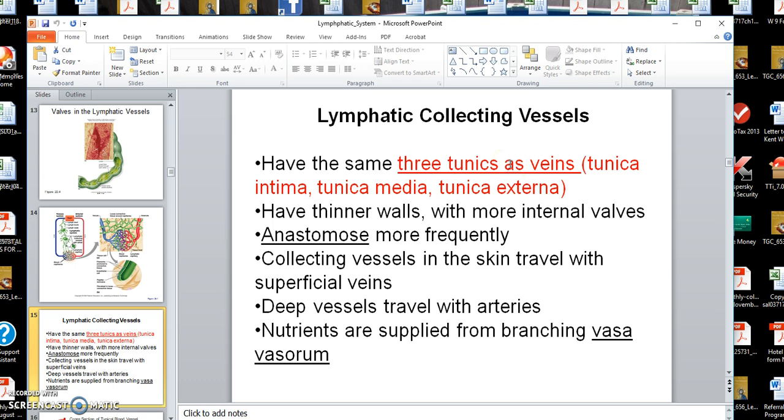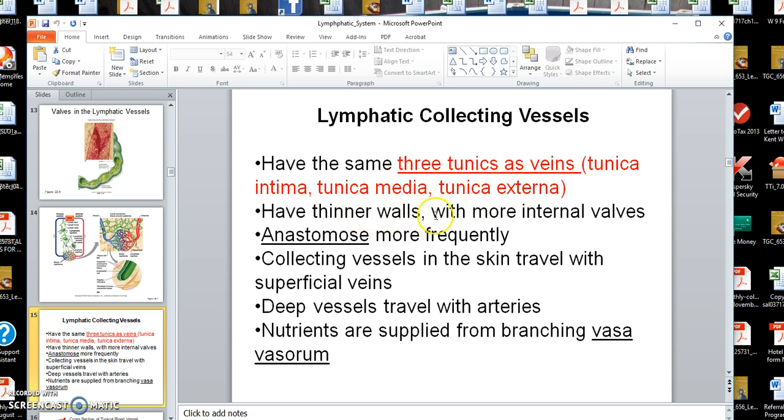The lymphatic capillaries will come together and form collecting vessels. The collecting vessels have the three tunics. Now, we haven't studied the blood vessels. The same three tunics as veins and arteries, which would be a tunica intima, media, and externa, three layers.